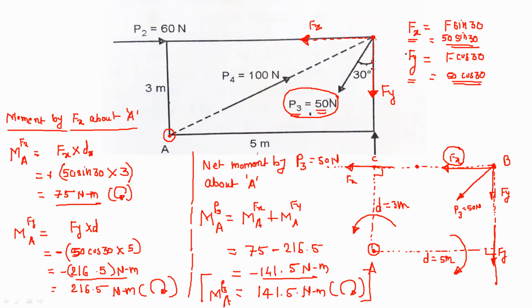So just resolve the force, show the direction of forces, and in the moment, consider the direction of moment, not the direction of force. Direction of moment means if it is clockwise, then it is minus, and if it is anti-clockwise, then it is plus. So for the direction, you have to just visualize the rotation. This is just an imagination. So I hope this point is clear: how to find the moment for the inclined forces.